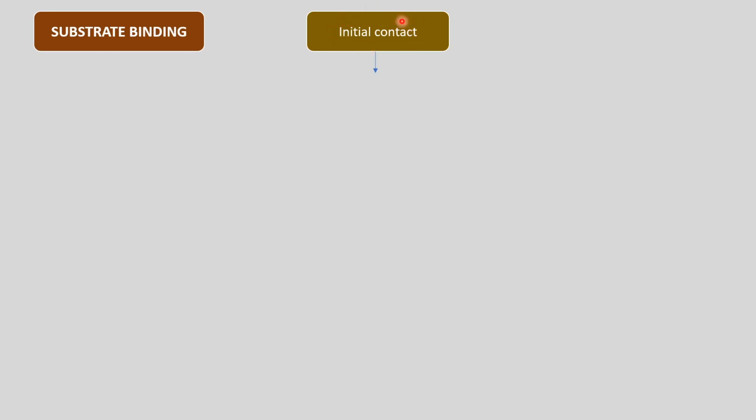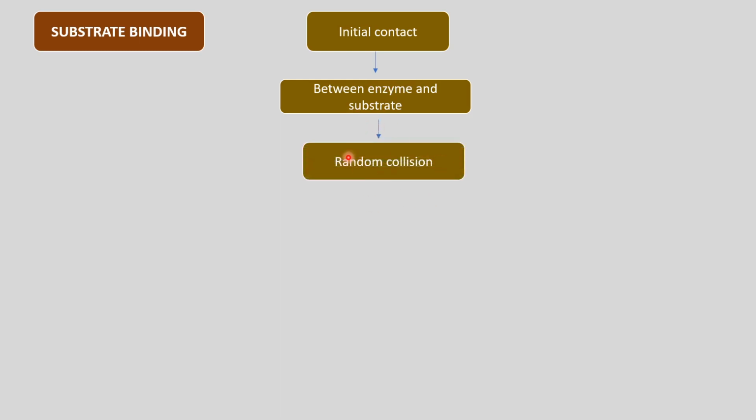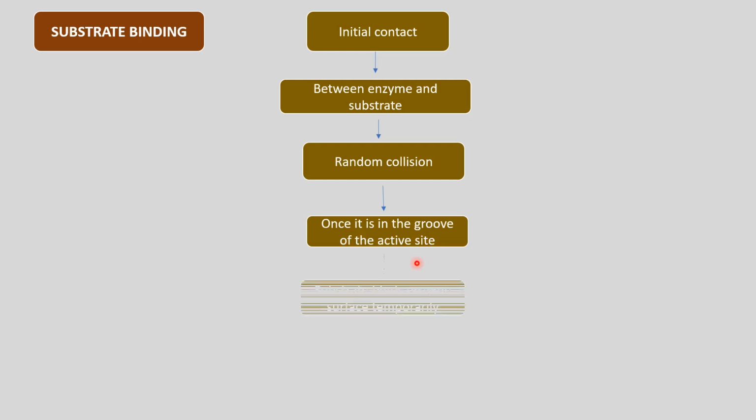The initial contact takes place between the enzyme and the substrate because of random collisions. So randomly there are collisions in the medium, and these collisions lead to the interaction of enzyme and substrate, right?